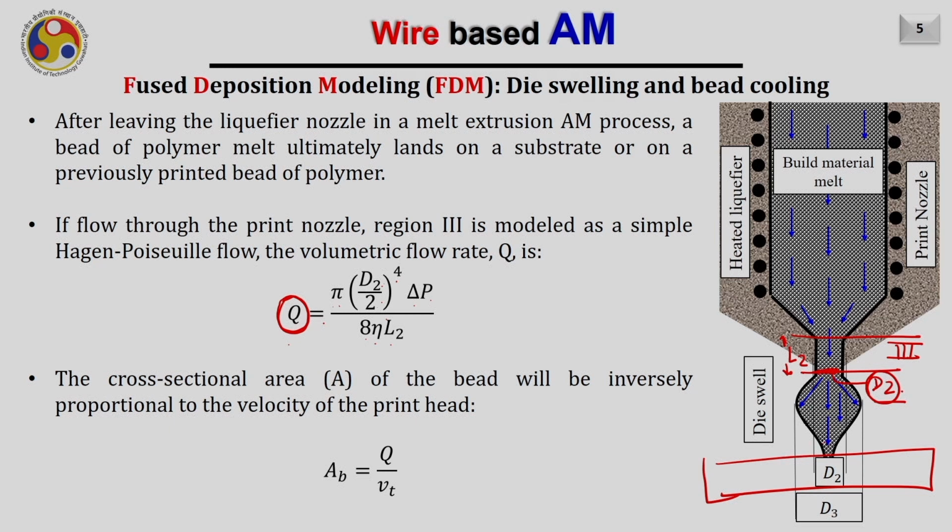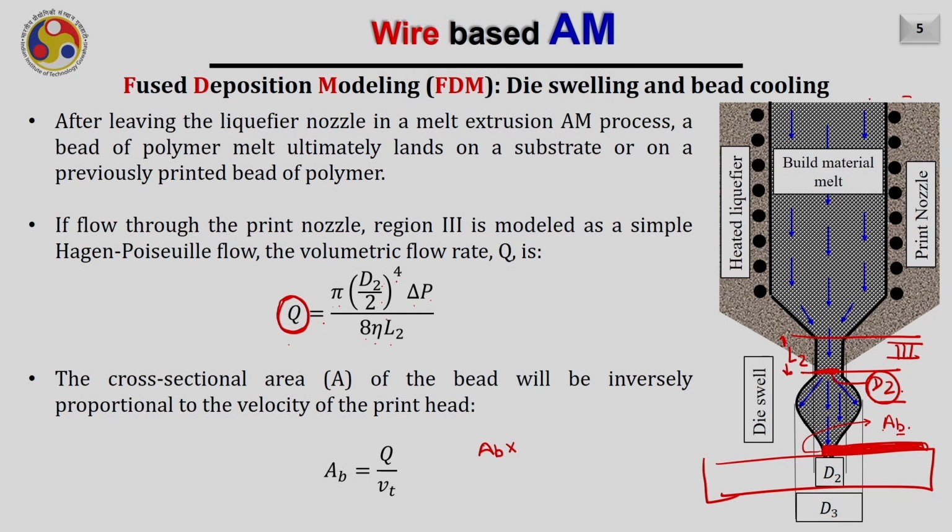Now consider the cross-sectional area of the bead deposited on the substrate. So if, for example, this is the bead deposited on the substrate, we are interested in finding the cross-sectional area of this bead. If this cross-sectional area is given as AB, the area of bead, then AB multiplied by the travel velocity equals the flow rate.